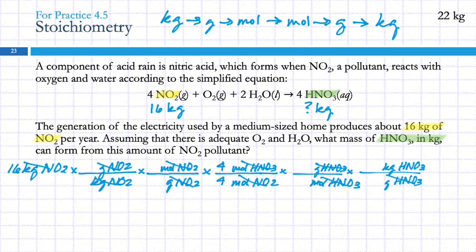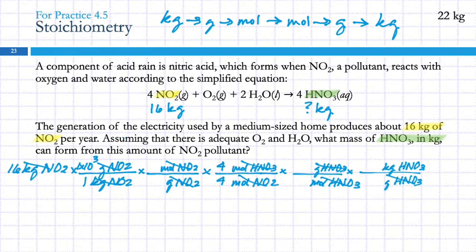Kilograms to grams, what does kilo mean? 10 to the plus 3, right? So here I've got kilo in the denominator, so I'm going to write what it means on the other side of the line, which is 10 to the 3. So 1 times 10 to the 3 and 1. And then over here we have kilograms and grams also.